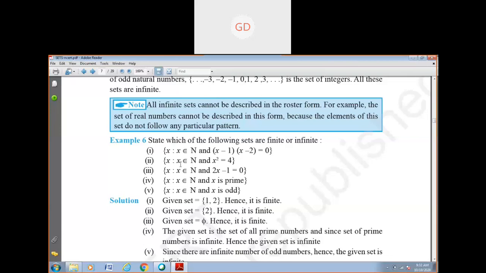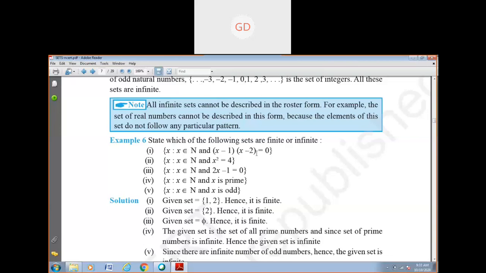In this set, two conditions are here. Number 1, the element is natural. Second condition, the product of these two factors is 0.